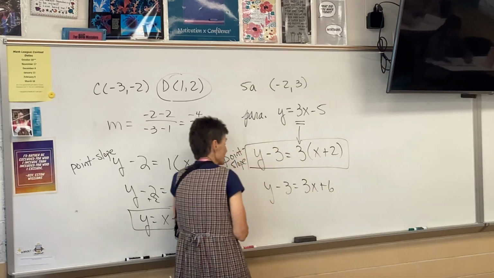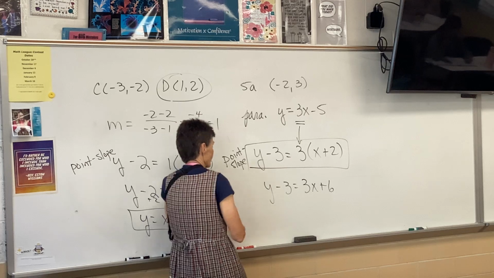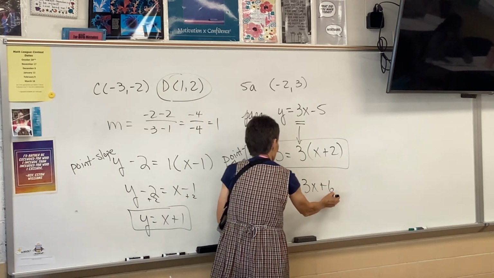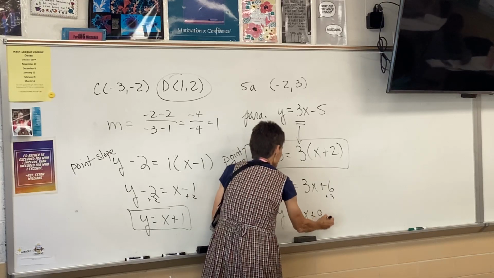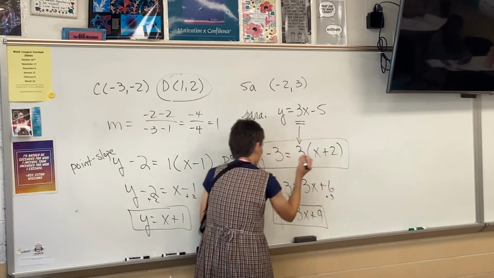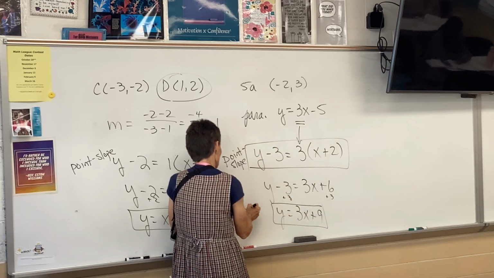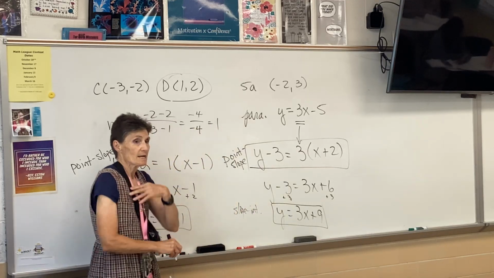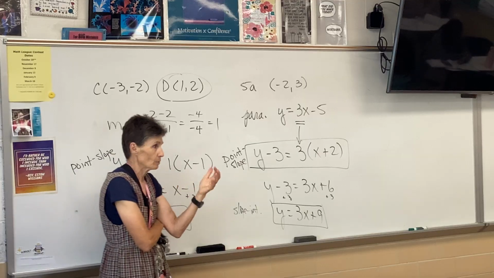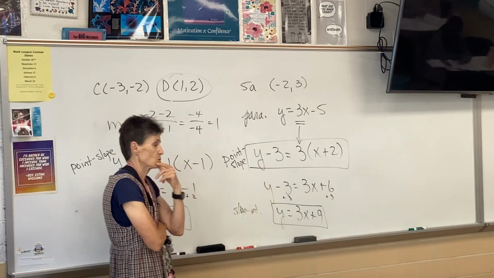But if it said slope intercept form, then remember, we distribute, add this over, and this is the same line, but it's in slope intercept form. On a test or quiz, it will tell you to answer this way or that way.